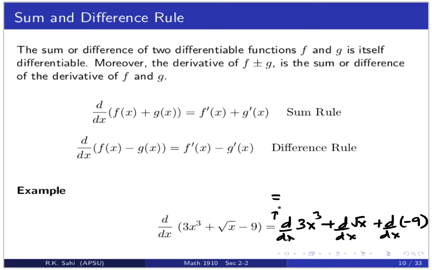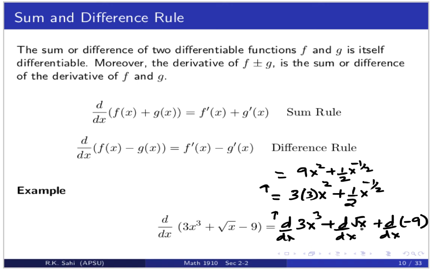This is equal to, this differential is what? 3 times x squared. We already know the differential of square root of x, which we have done earlier, is half x to the power minus half, and the differential of a constant is 0. So then the final answer is what? 9x squared plus half x to the power minus half.